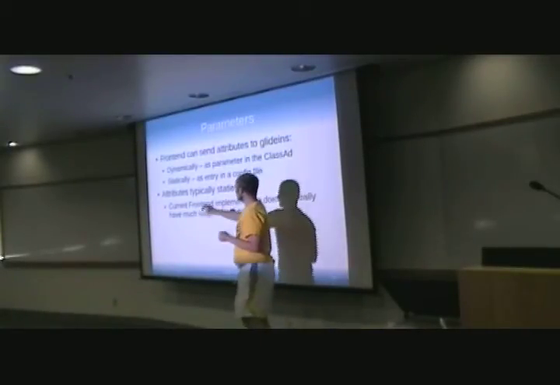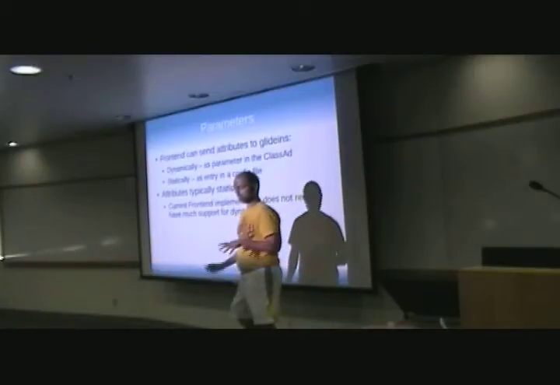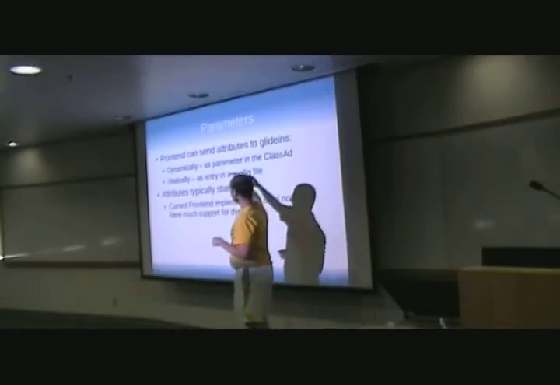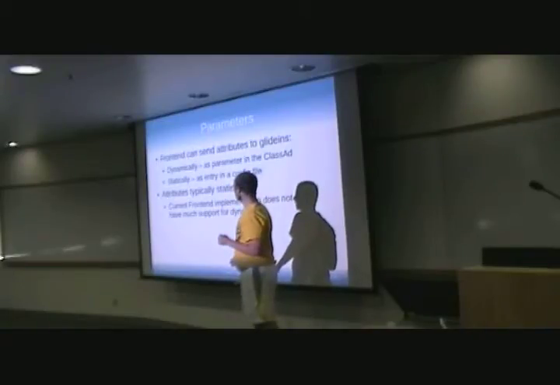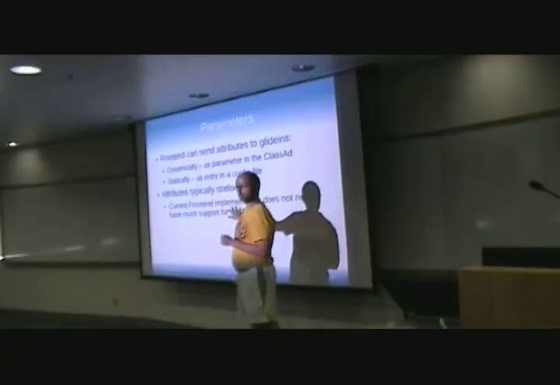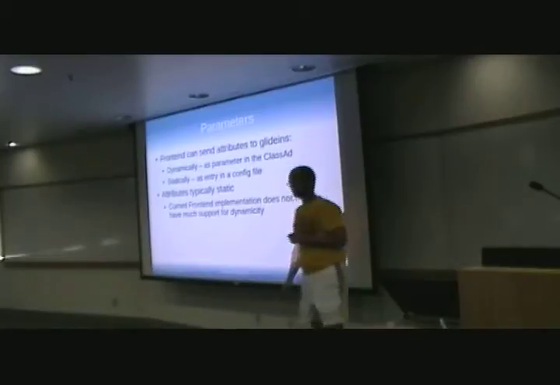The attributes are typically static, simply because while the protocol supports it, there is no real way in the configuration to specify a dynamic parameter right now for the front end. But if this is something you are interested in, it would be good to talk with Parag and Burt while they're here, because the protocol actually supports it and could be easily implemented if somebody would be interested in it.